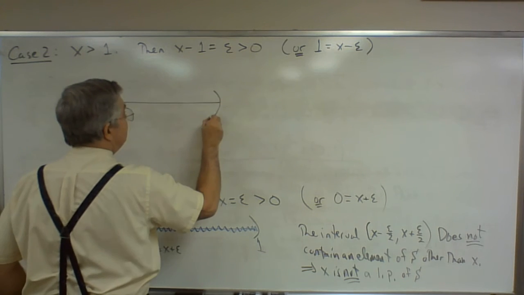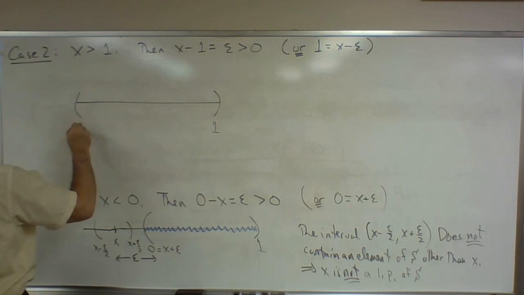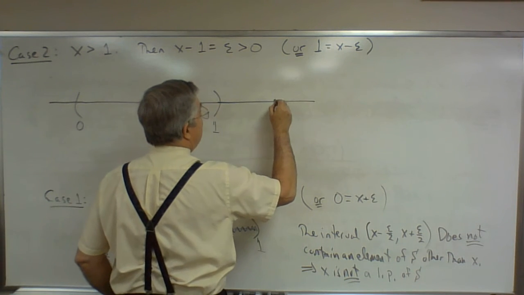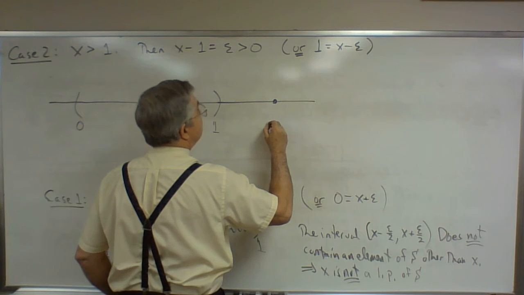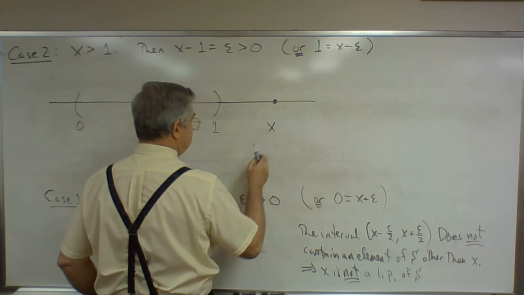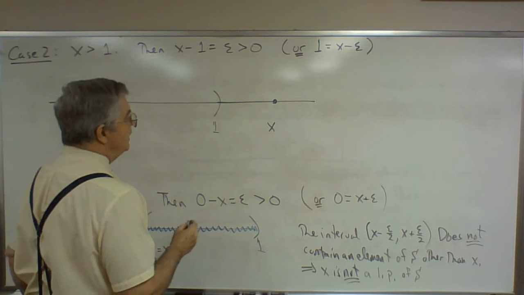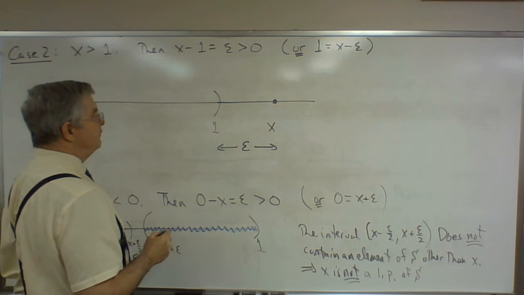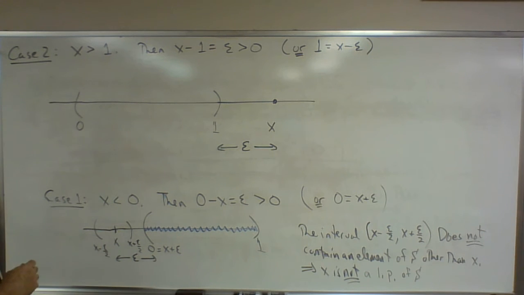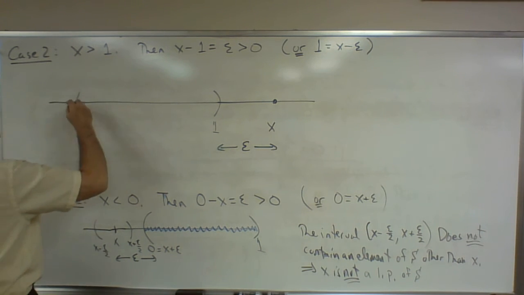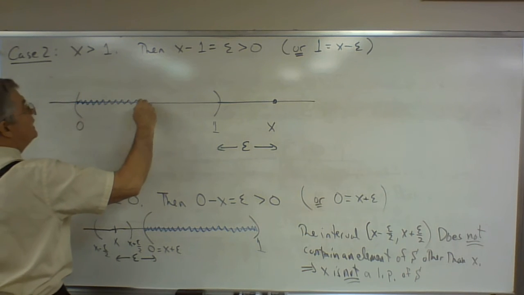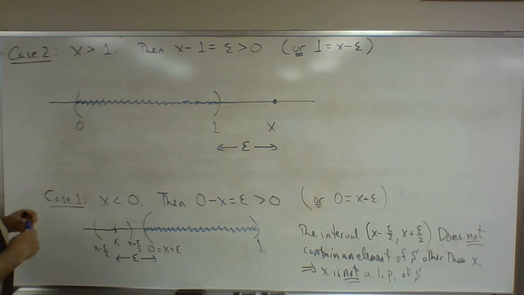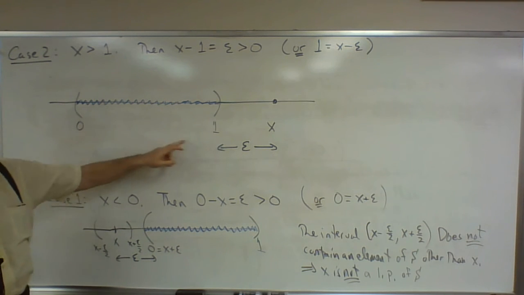Here's the interval from 0 to 1. And here's x over here. And the distance between 1 and x is epsilon. I'm shading in the elements of S. The set of real numbers S is the set of real numbers between 0 and 1.